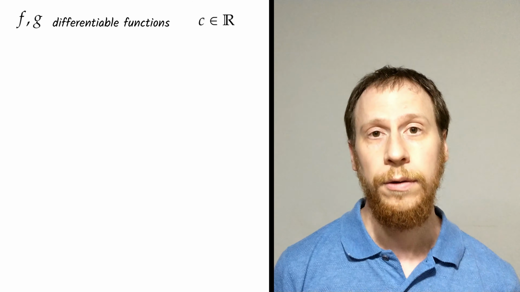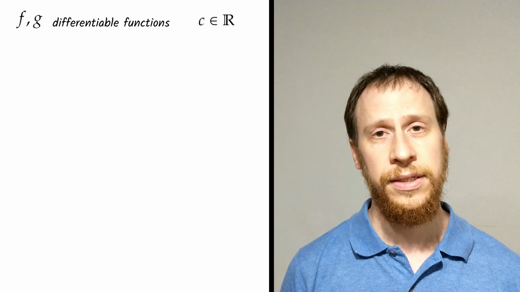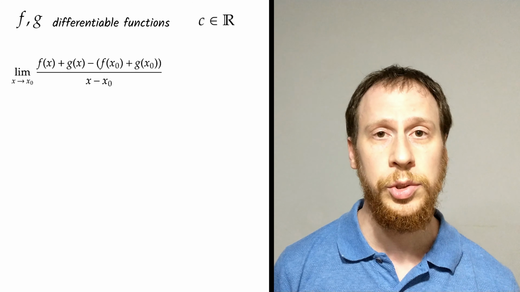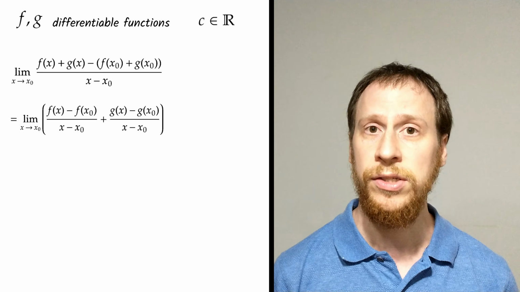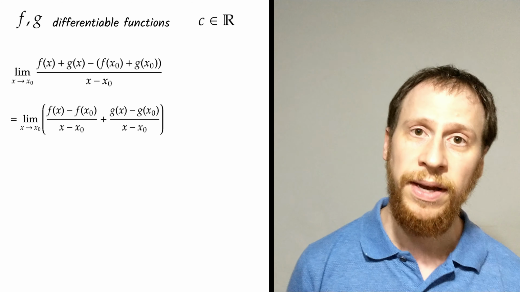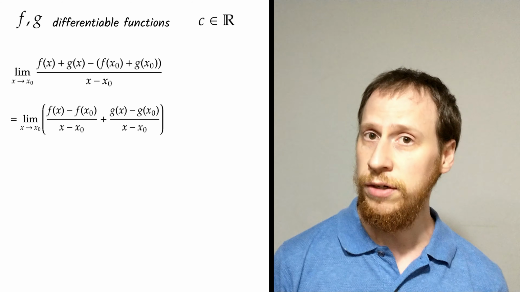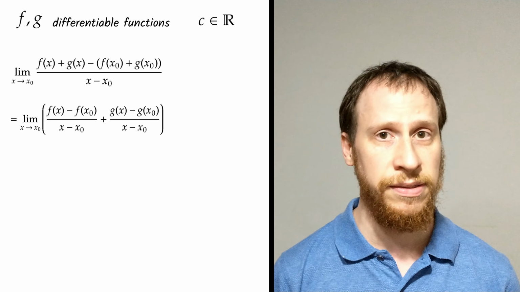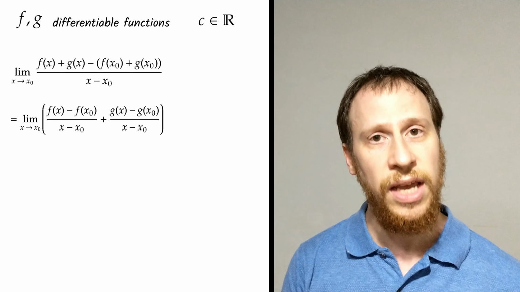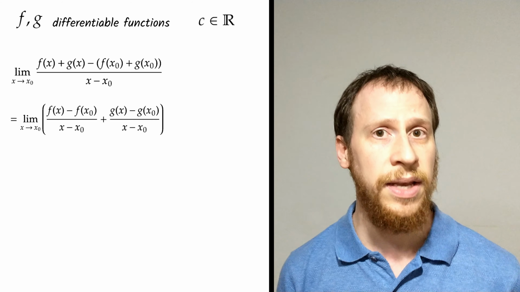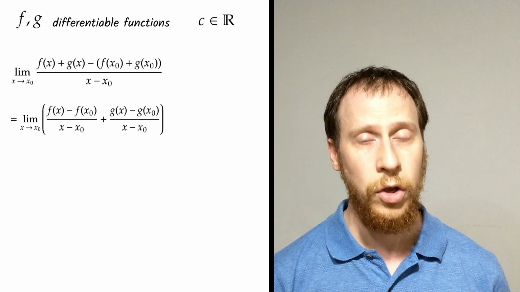To prove it, we write down the derivative limit of f plus g and rearrange it into the limit of f of x minus f of x0 divided by x minus x0 plus g of x minus g of x0 divided by x minus x0. Now, since f and g are differentiable, then each of these limits exists separately.